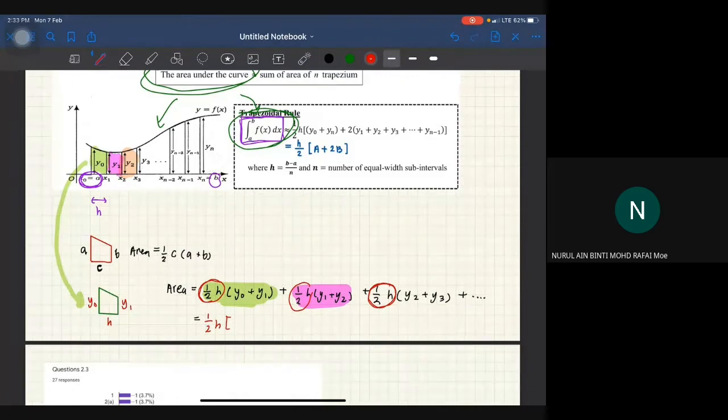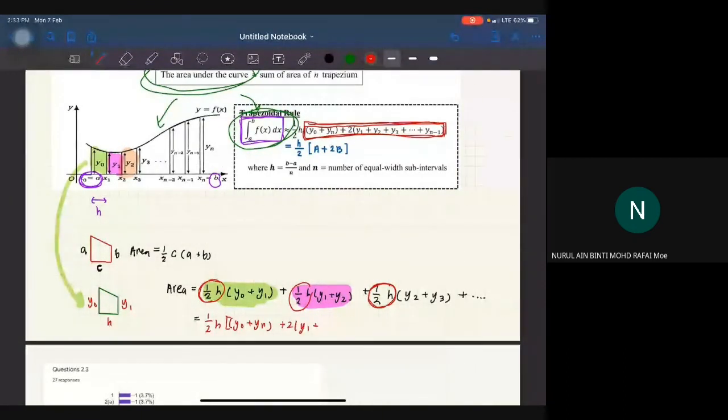Okay, so yang dalam bracket ni, dia akan tinggal yang macam ni. Cuba awak proofkan nanti. So, dia akan dapat Y0 plus YN, and then plus 2 times Y1 plus Y2 plus sampai YN minus 1.